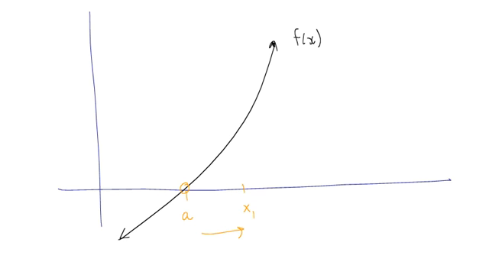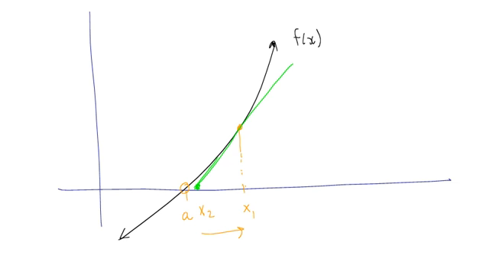And what I'm going to do with this guess is use it to make a tangent line at that point. And then I'm going to follow that tangent line back to the x-axis, and that is going to be my guess number 2. So I'm going to call this x2. And notice how much closer my second guess is compared to my first guess.